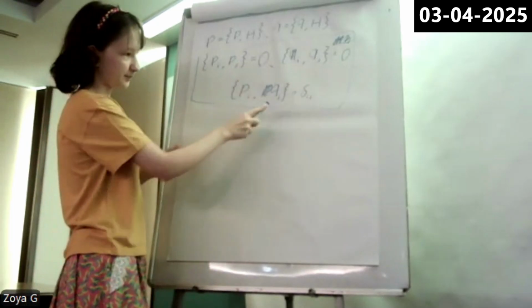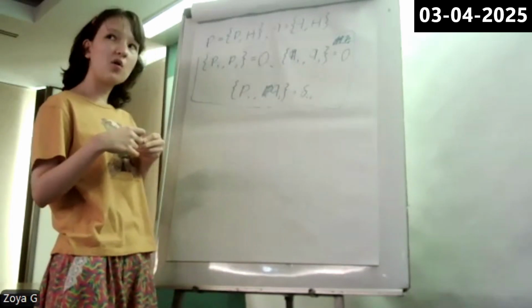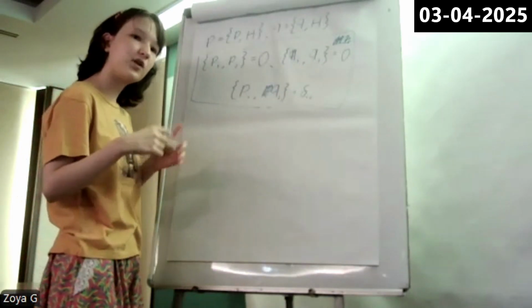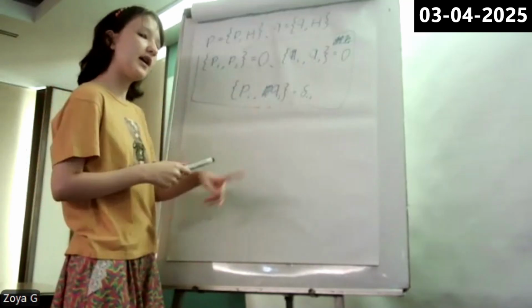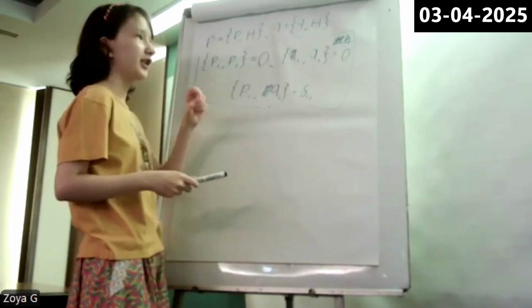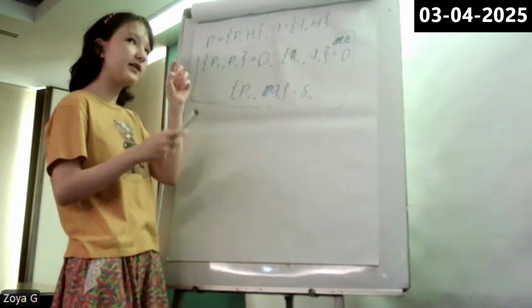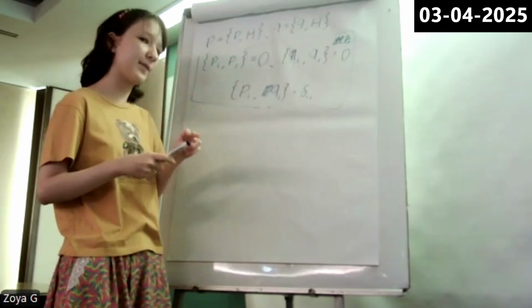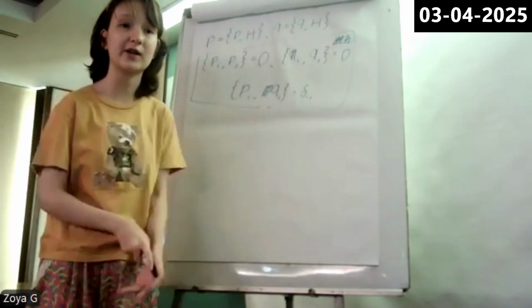And this ensures that no P is conjugate to more than one Q, no Q is conjugate to more than one P, and also conjugate pairs are actually conjugate. So this is a pretty loaded condition.